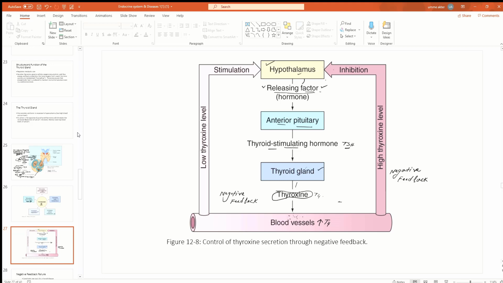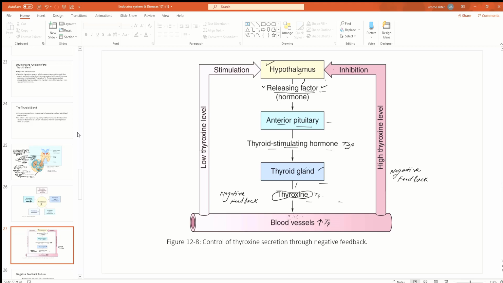So the releasing factor will not be released, the pituitary will not be stimulated, the pituitary will not release thyroid stimulating hormone, the thyroid gland will not be stimulated, it will not produce thyroxine, so the blood level of thyroxine will stay below the upper limit.